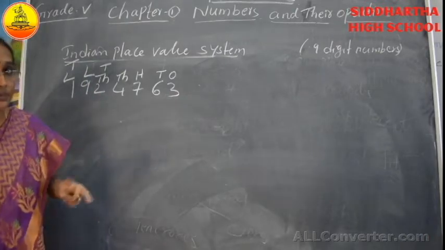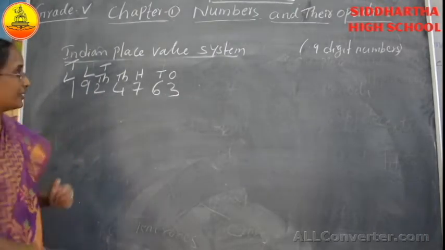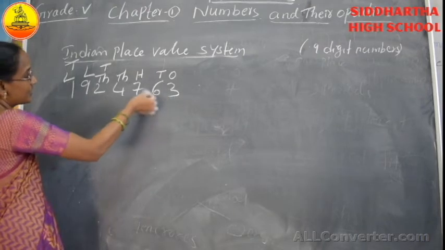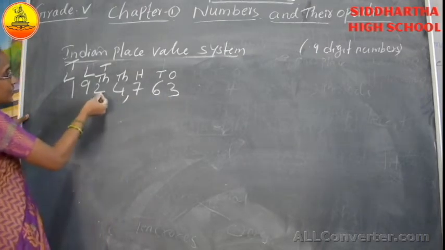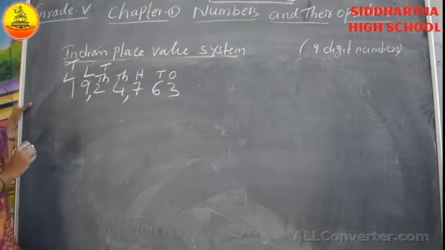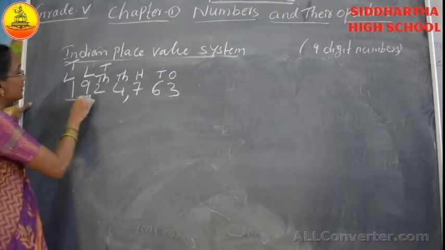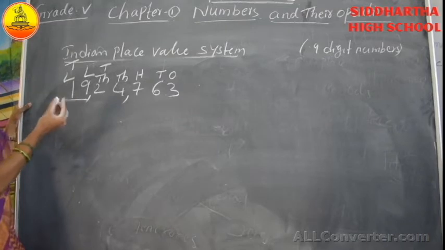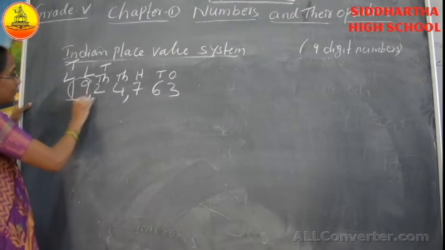What is the next step? Divide into the periods. Ones, tens, hundreds is one period. Thousands and 10,000s is another period. Lakhs, 10 lakhs is another. How to read these numbers? First read from left to right. Which number is before the comma? 19.